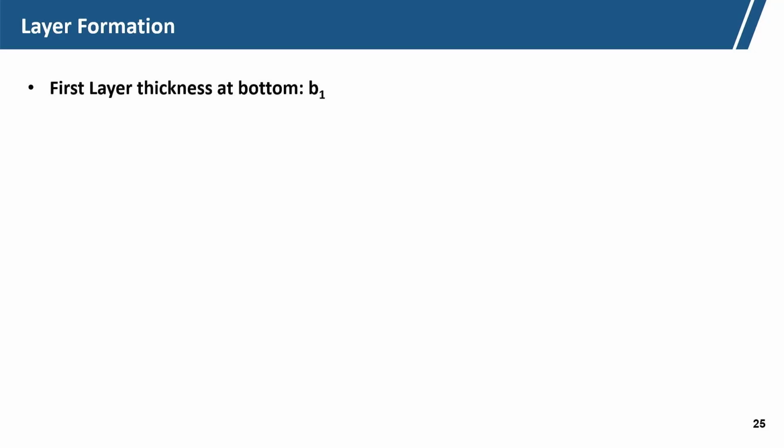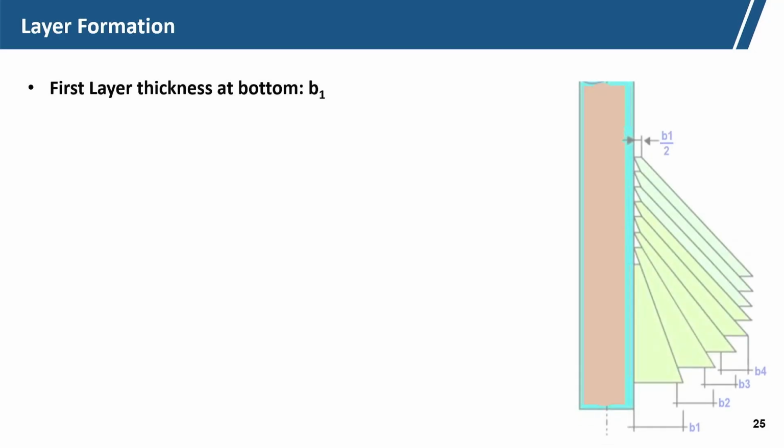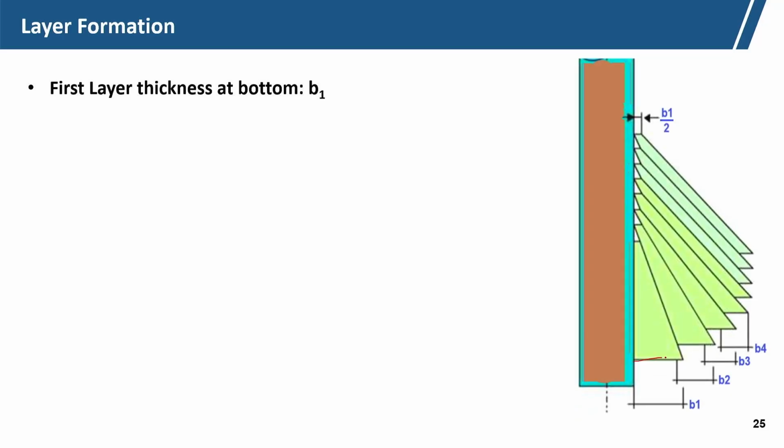Now, for the first layer, let us see the thickness at the bottom is B1. You can see this is the thickness at the bottom, B1, at the first layer, and suppose the speed at the top is double that of the bottom.